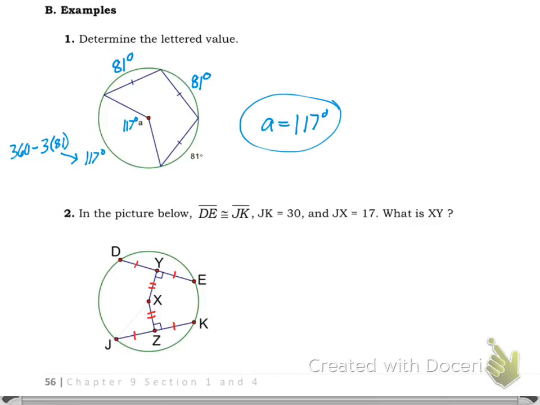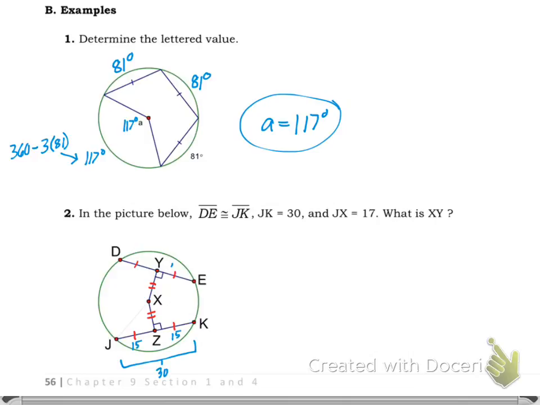All right, so DE is congruent to JK. I did all that just based upon that. JK equals 30. So JK, J to K, equals 30. So what's the length of JZ? It's 15.